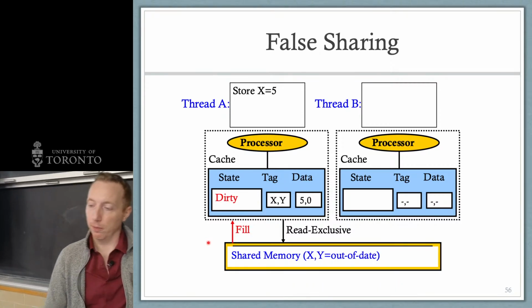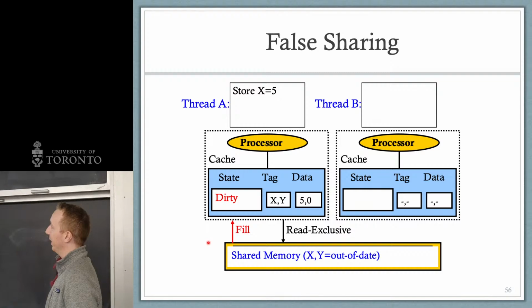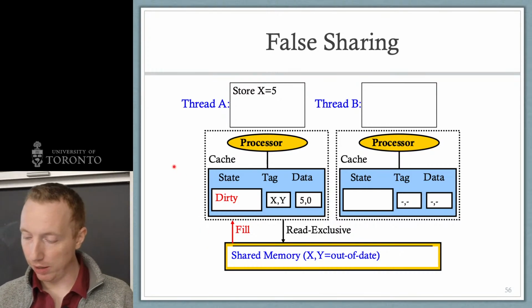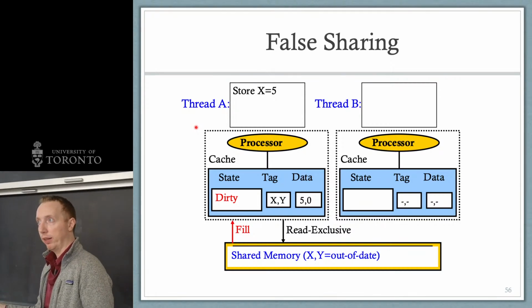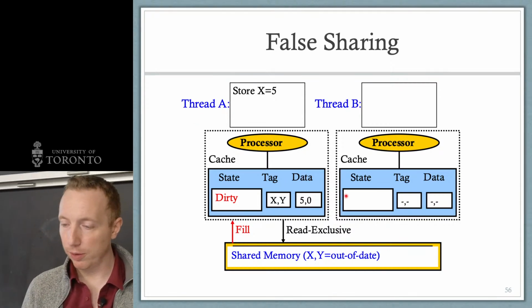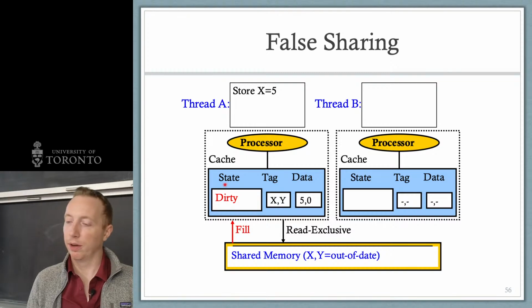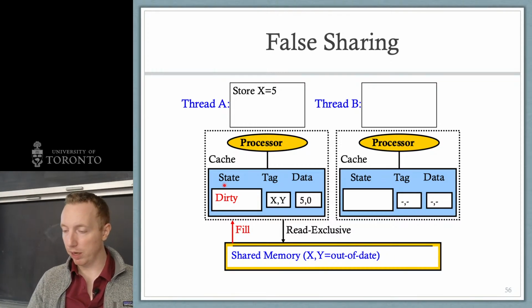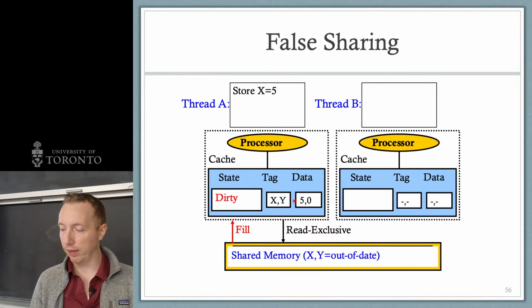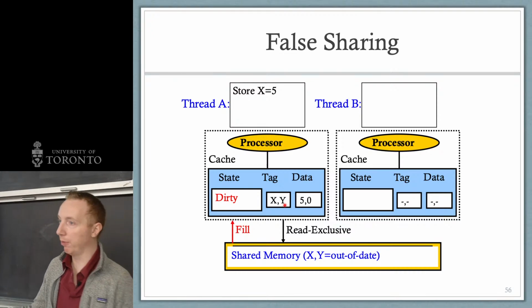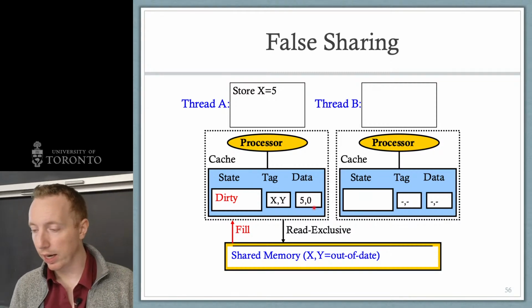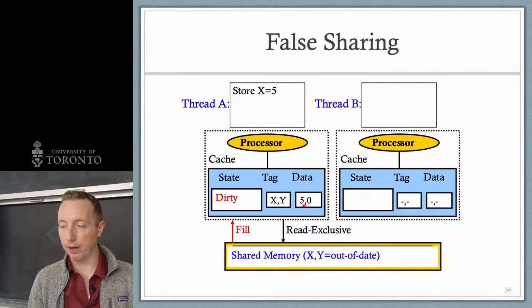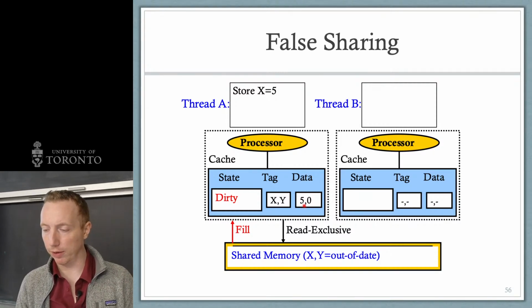If we go through the protocol again, thread A is writing the value 5 to X. It would generate that read exclusive, fill in its cache, it would be modified, the tag would be for wherever X and Y are because they're on the same cache line, and the data would be 5 and 0, assuming the other values are 0.